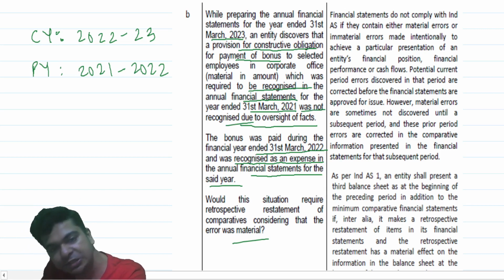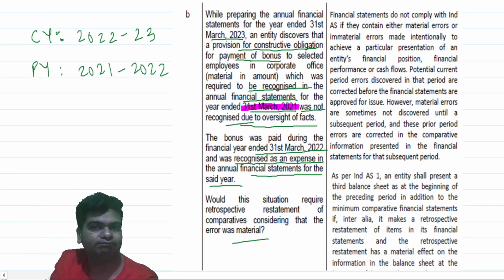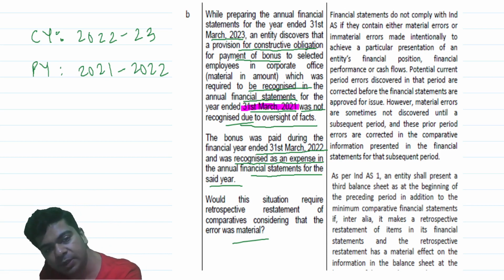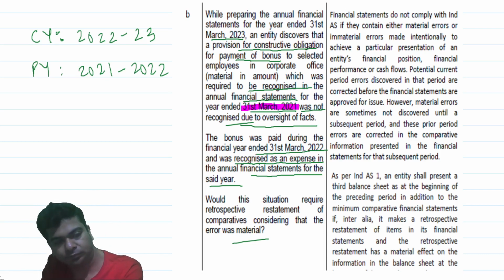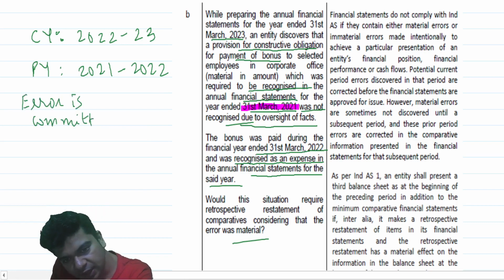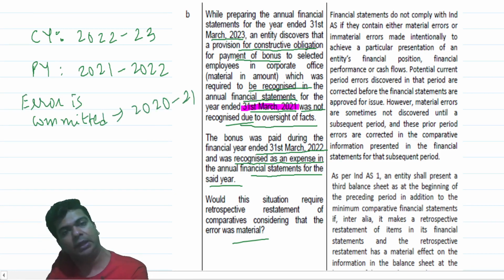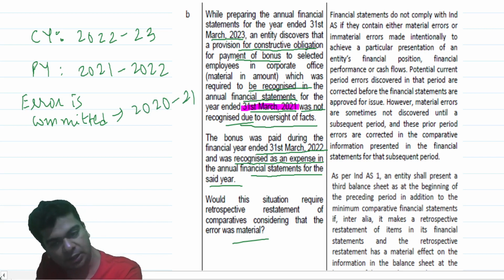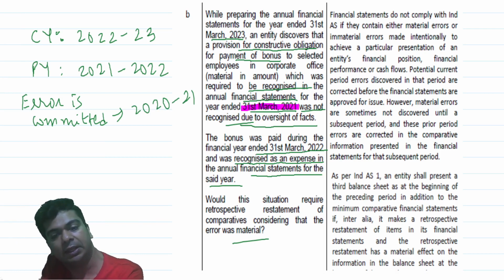But they are saying that this provision was to be recognized for the year ended 31st March 2021. Error has been committed. Error is committed in the year 2020-21. Then the bonus was paid and then we have recognized that as an expense. We have debited that in the previous year 2021-22.